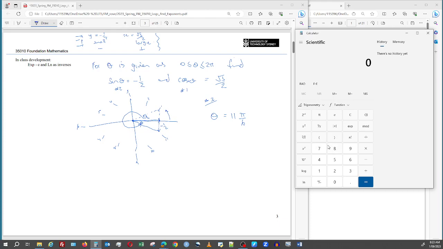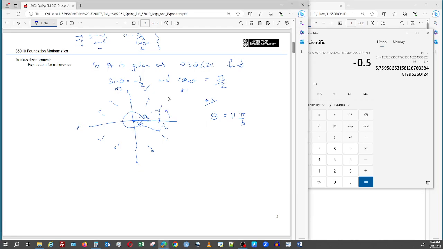I'm going to put in 11 times pi divided by 6 equals, put that in the memory recall, because I'm going to go to my trig functions. I'm going to go to sine. Ooh, negative 0.5. Wow. Negative 0.5. So it's a tick. That matches that one.